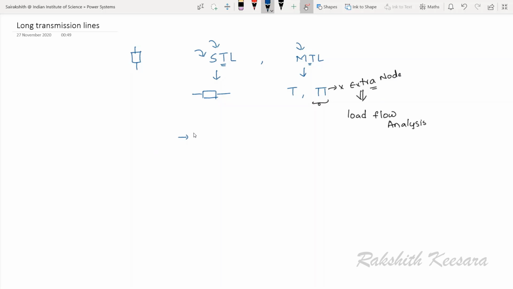So, the first approximation we did is neglecting parameters. And what is the second approximation? We did a lumped circuit analysis.